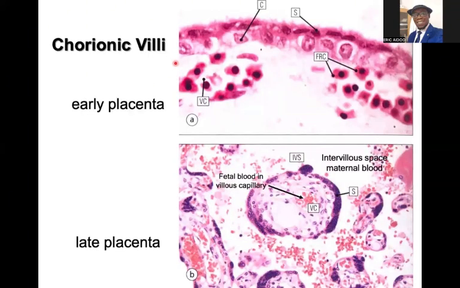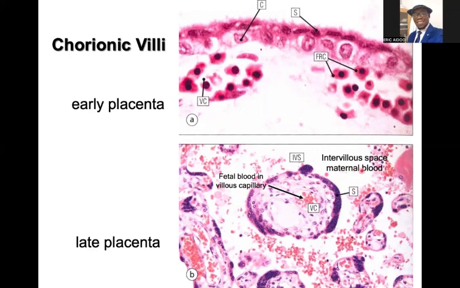So again, chorionic villi, that should tell you that you are looking at the fetal portion. So that should be cytotrophoblast and then syncytial trophoblast. That is fetal red cells, and then you also have villous capillary. So that is fetal blood in villous capillary. Remember that oval spherical shape structure we saw earlier on.